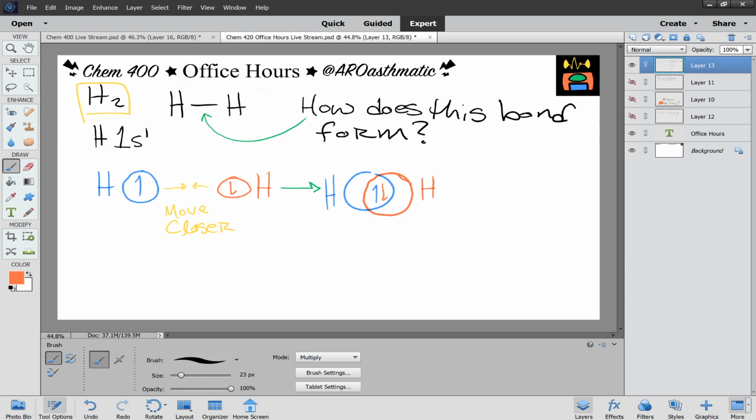Each 1s orbital smushes together to create a new orbital, which is made out of the two atomic orbitals, and that holds the two electrons.